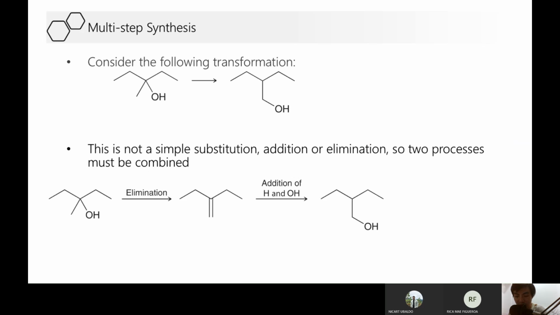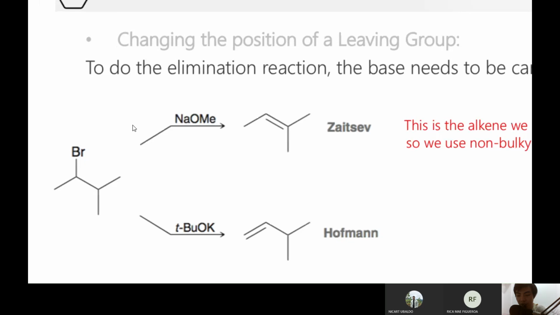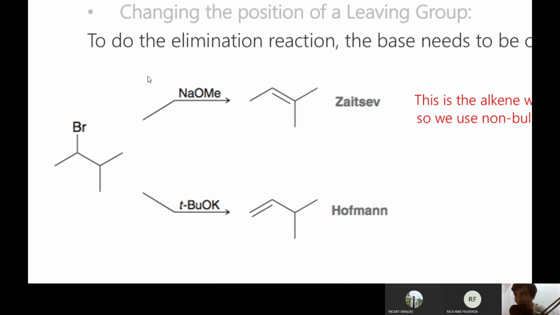I hope you still remember the Zaitsev and the Hofmann product. Going back to alkyl halides, depending on your base, you can have either a Zaitsev or a Hofmann product. If your base is bulky, such as tert-butoxide, t-BuOK, it cannot access this hydrogen.